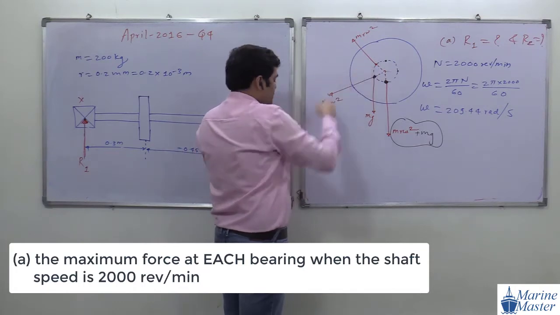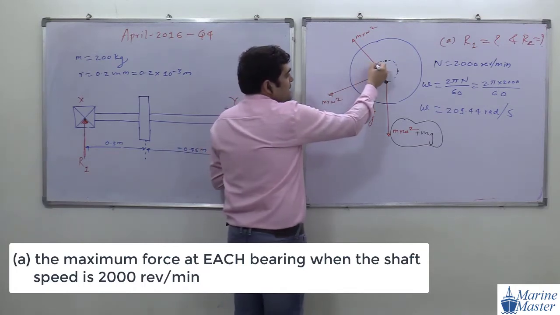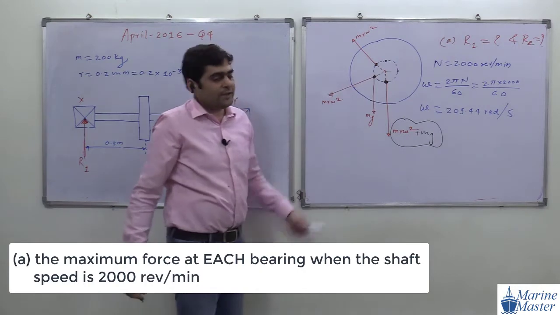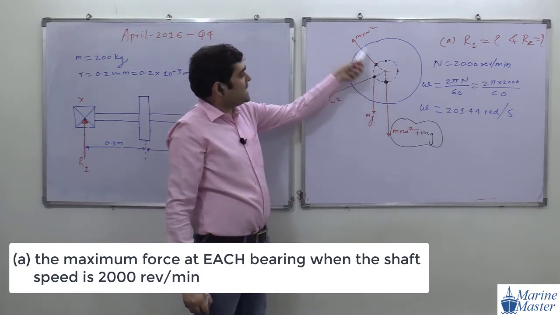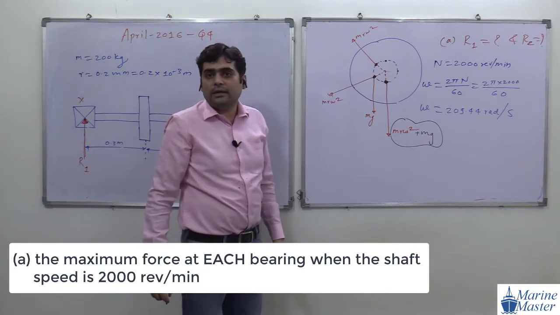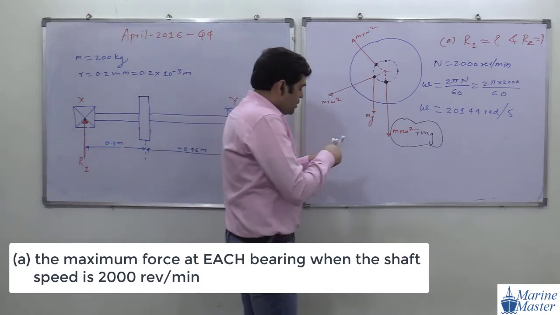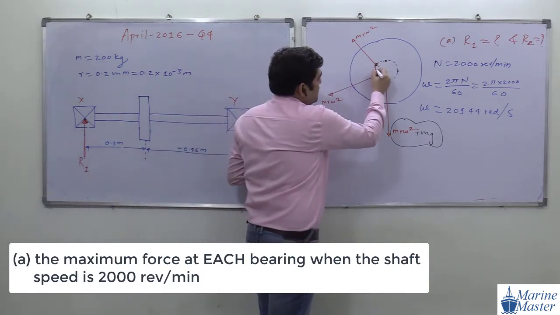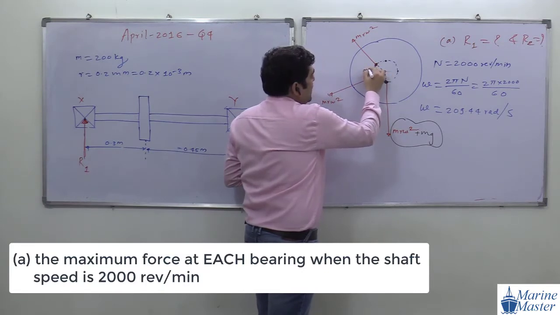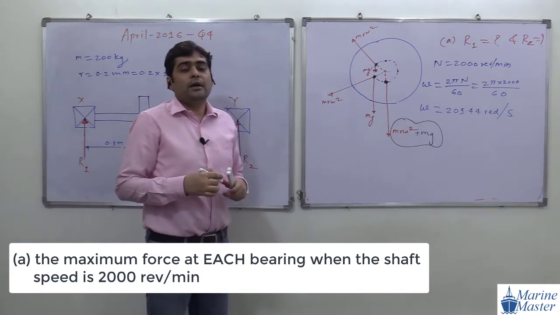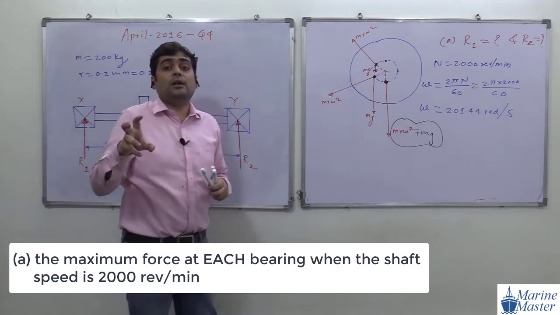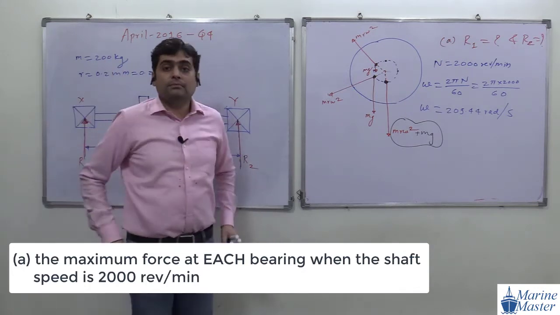Now suppose the center of gravity is at this other location. mr omega square is radially outward, and weight, I told you, always acts vertically downward.